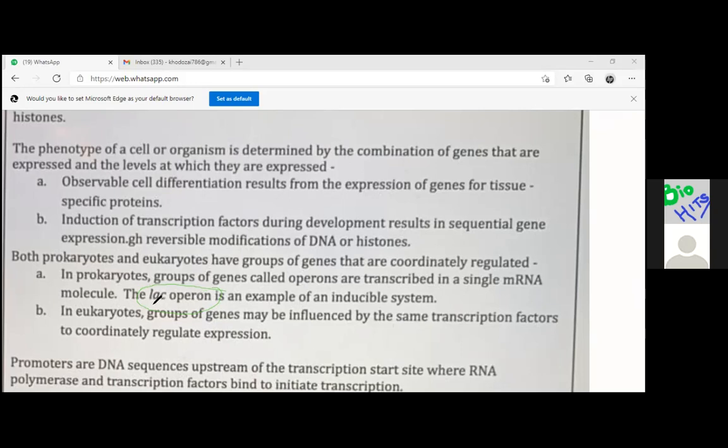For example, the Lac Operon is a cluster of genes which control the breakdown of lactose sugar. Lac Operon means the operon which controls the metabolism of lactose sugar. There are three genes which make three different enzymes, and those three enzymes are required to break down lactose.